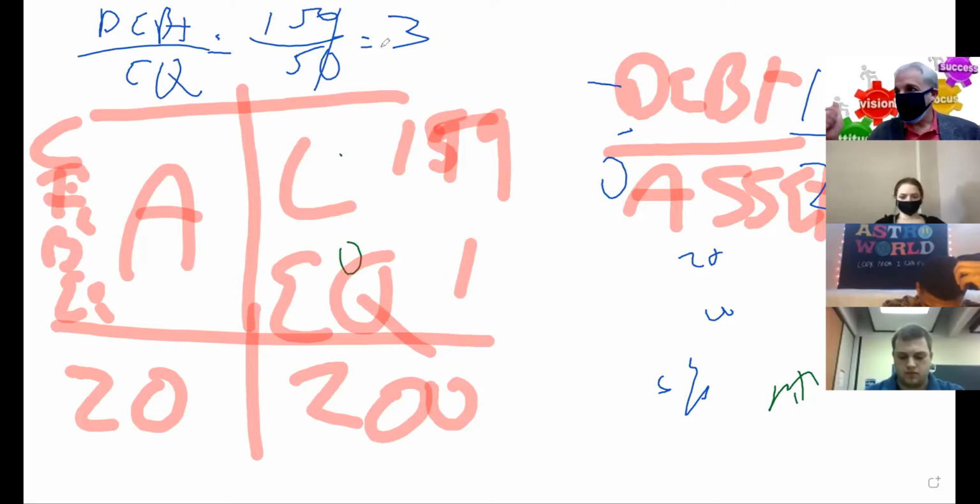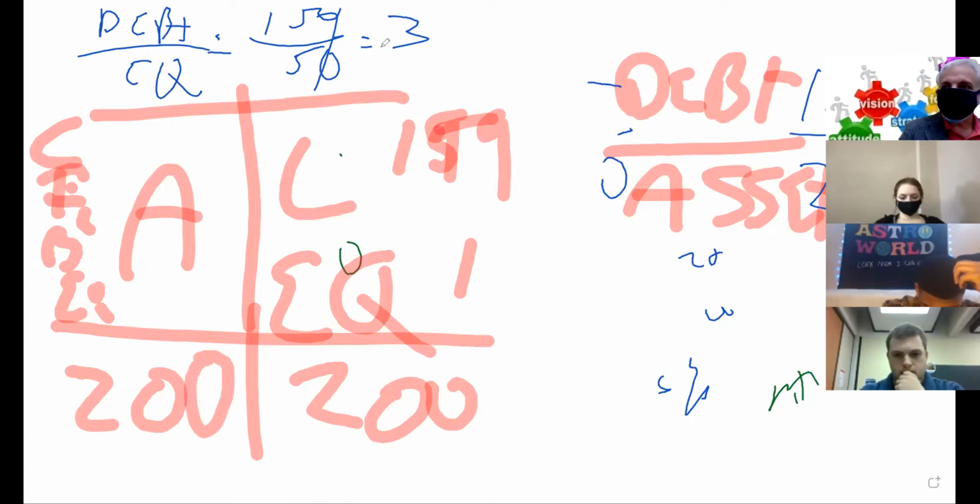If I made $1, that would be 100% return, right? I invested $1 and I made $1 and I still own the company. That's a pretty good return. On 200 in assets, if I had 0 debt and I invested $200, I made $1. That's 0.5% return. Put the money in the bank. I get at least 1% now in the bank.